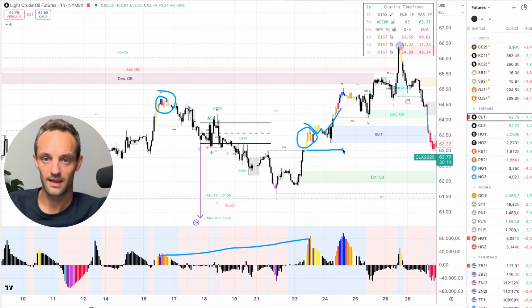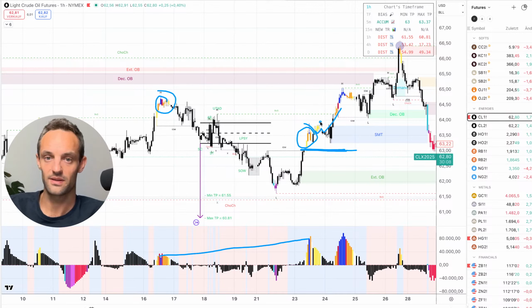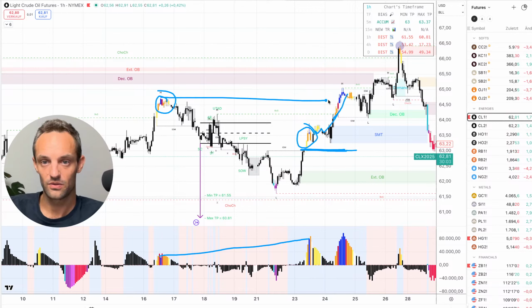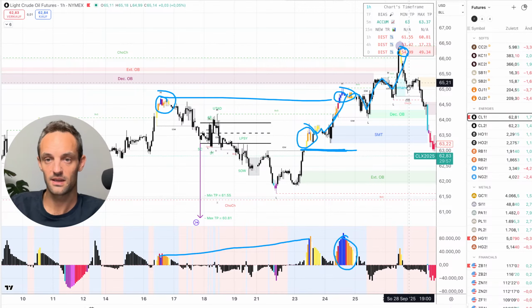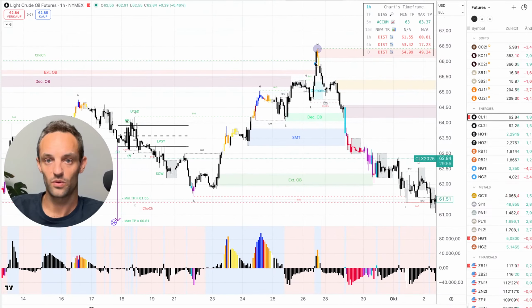As long as they stay above these colorful candles, that's where they started aggressively, everything is still valid, and they made it to new highs with even more power. Then they fall back, another exhausting high, and then they broke the demand, and it's done.